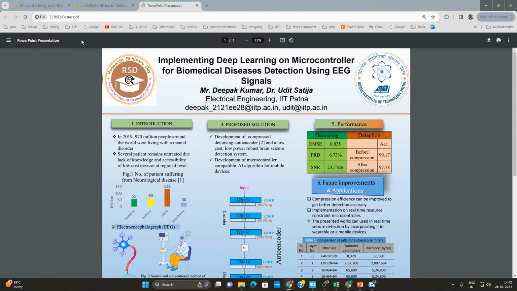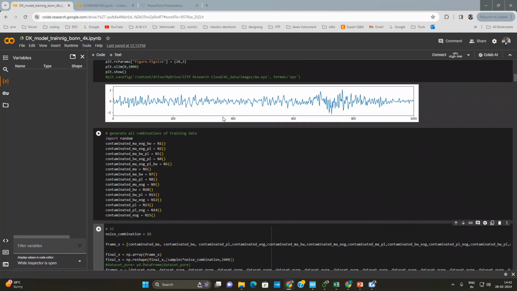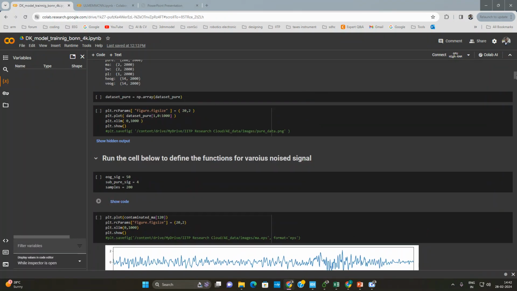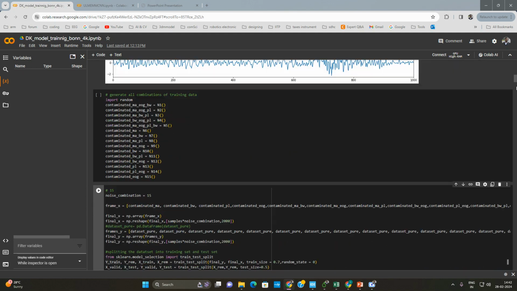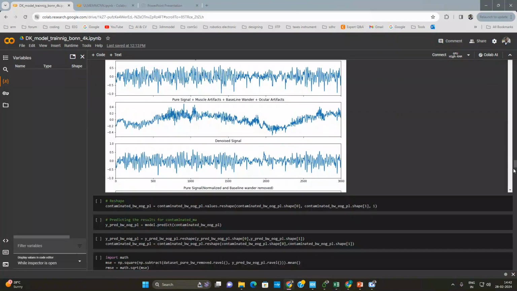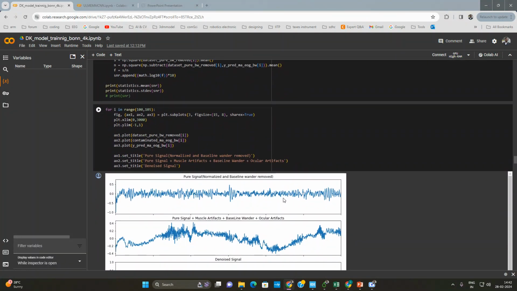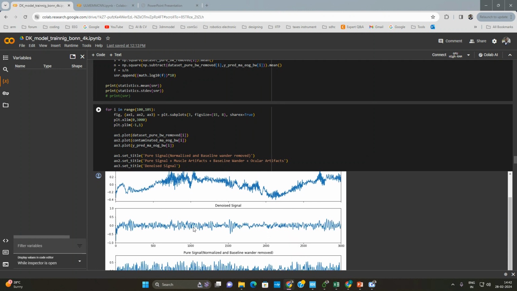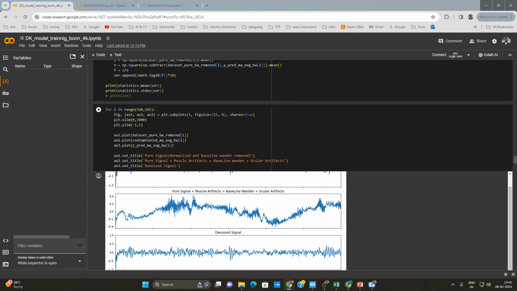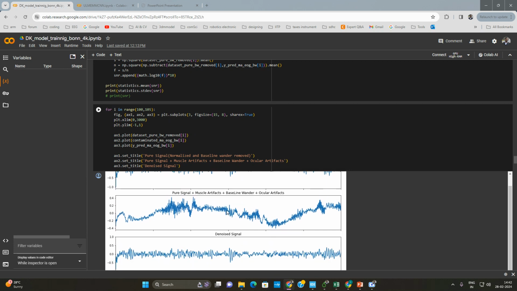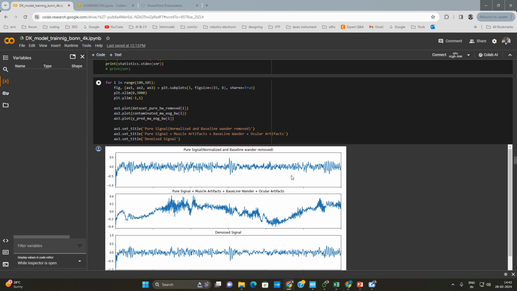If you look here, this is the Google Colab where we have coded all these models. Here we are taking a clean signal, then adding noise, and then denoising it with our proposed autoencoder. You can see the clean input and output are closely matched, and the baseline wander and high frequency noise are getting removed.